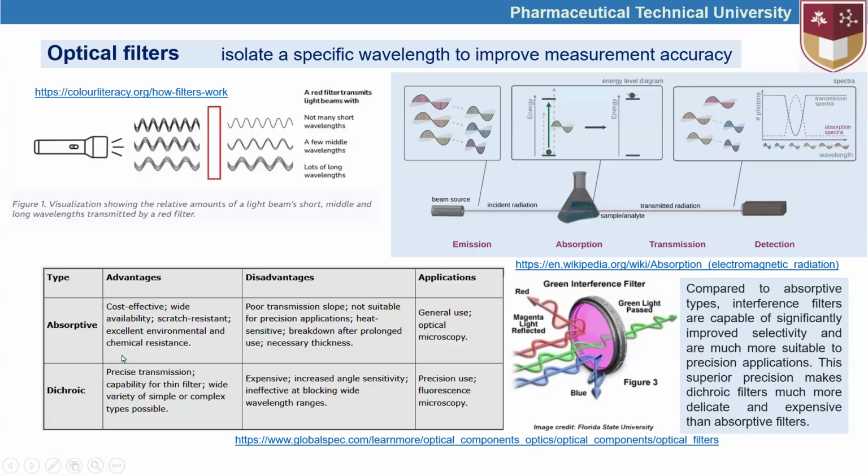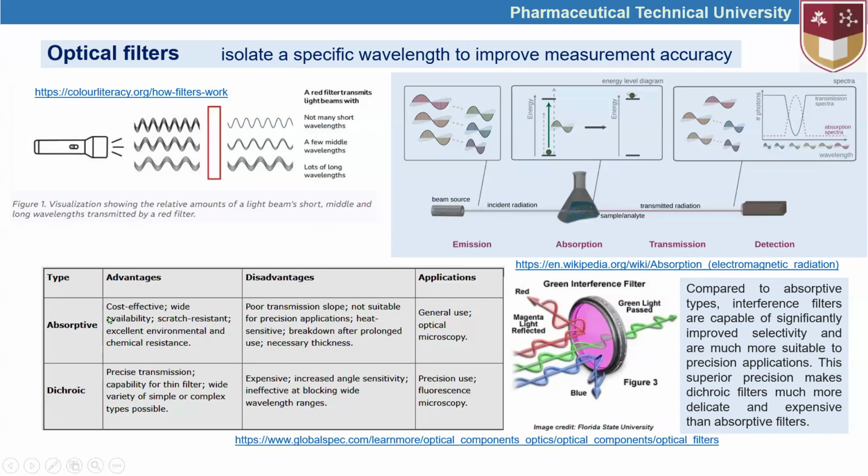Excellent environmental and chemical resistance are provided to them. And dichroic ones are provided with precise transmission, and they are capable for thin filters. A wide variety of simple or complex types can be possible, but they are expensive compared to absorptive ones.